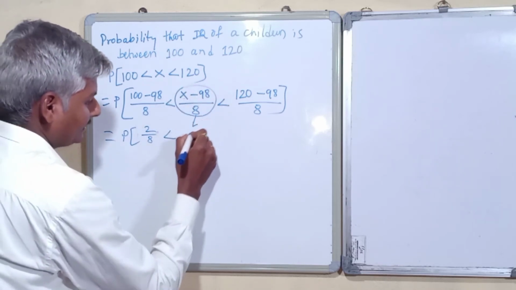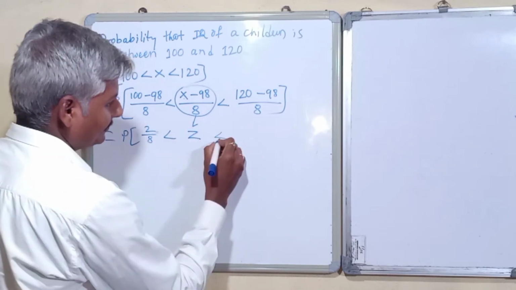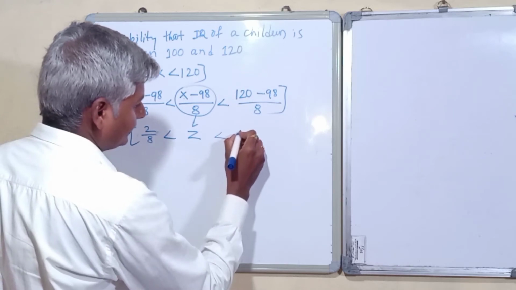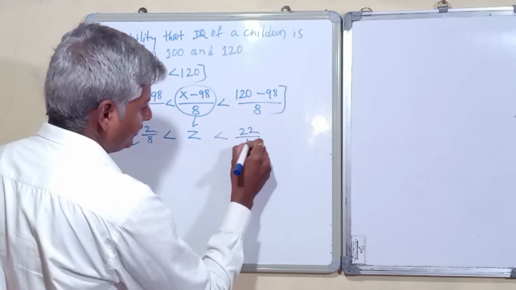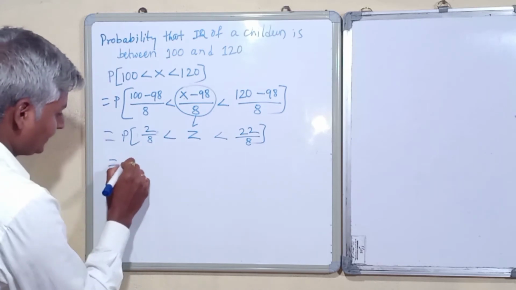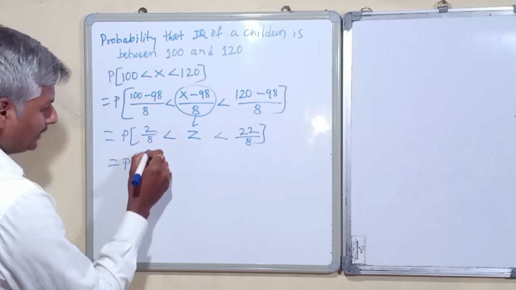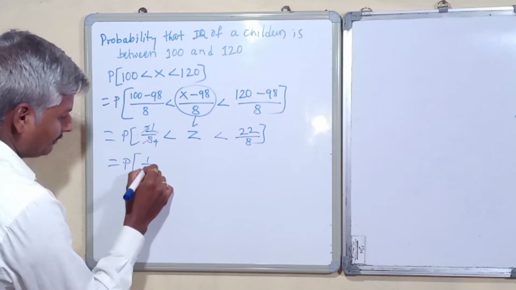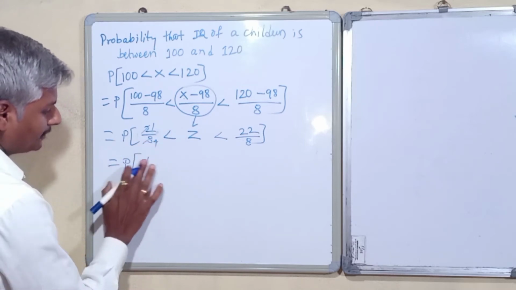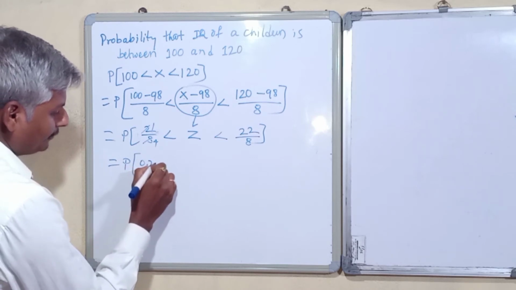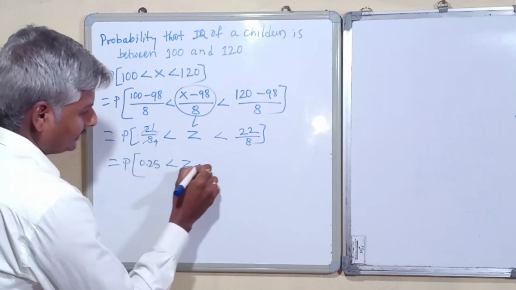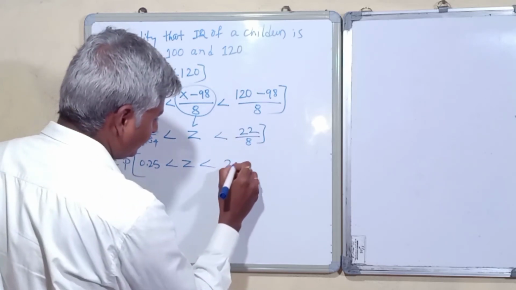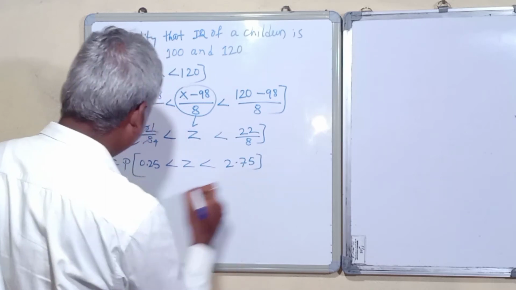This we consider as Z, less than 120 minus 98, which is 22 upon 8. Then 2 divided by 8, that is 1 divided by 4, instead of 1/4 I will write 0.25, less than z less than 22 upon 8, which is 2.75.